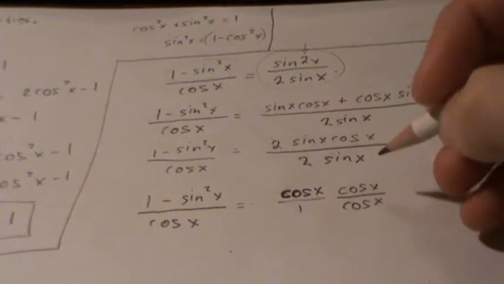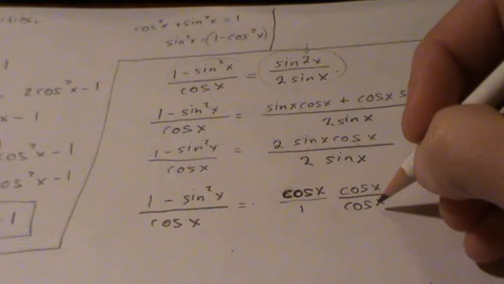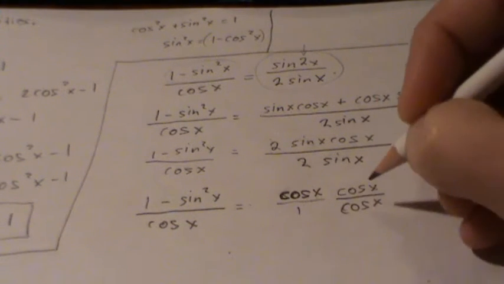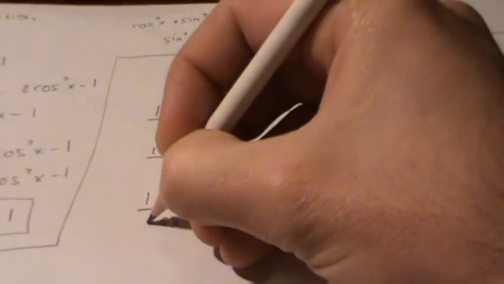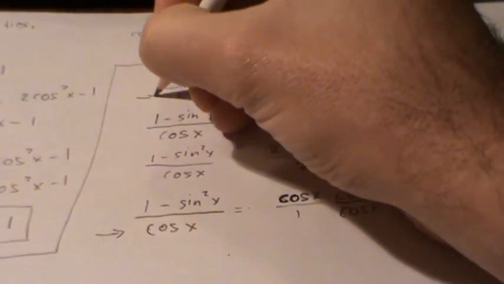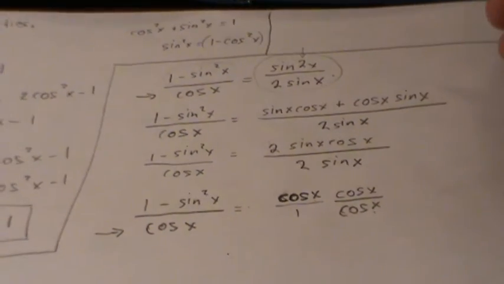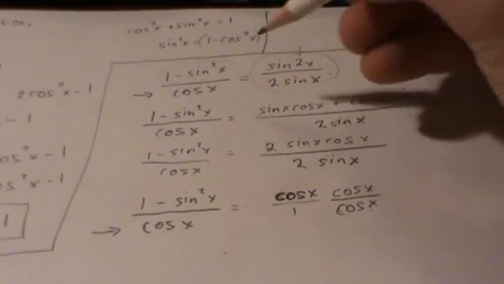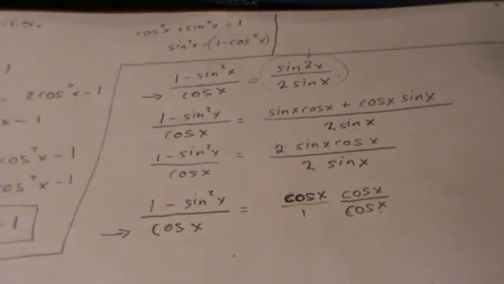Remember how I said you have to be careful with dividing things. I wouldn't normally be allowed to divide this, but the equation started out with a cosine in the denominator. So if the equation starts out with a cosine in the denominator, you can always have a cosine in the denominator throughout the rest of the question.